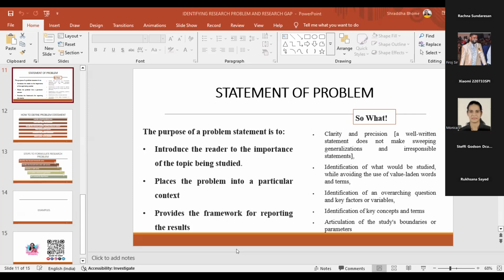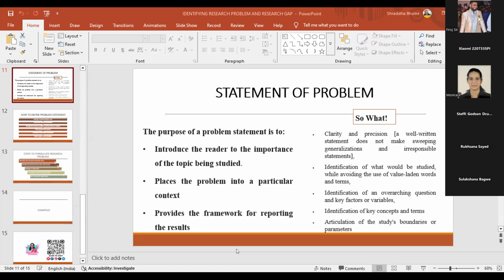Then the second one is the applied research problem. What do you mean by applied research problem?